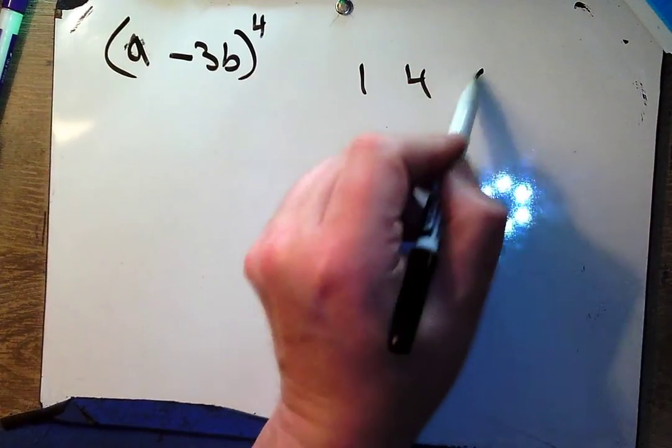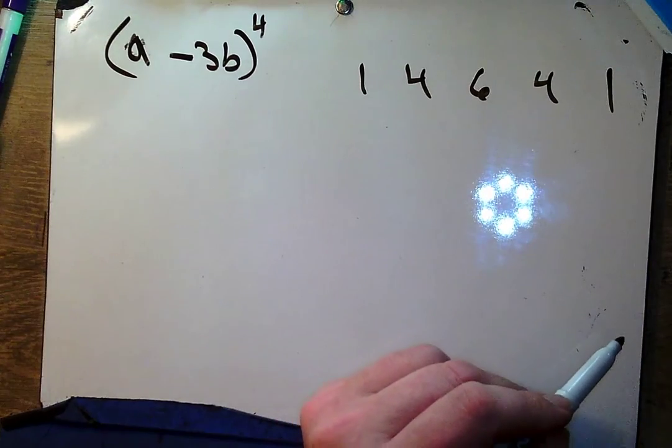Okay, so that's 1, 4, 6, 4, 1, using Pascal's triangle.